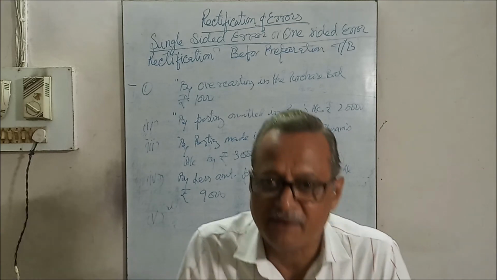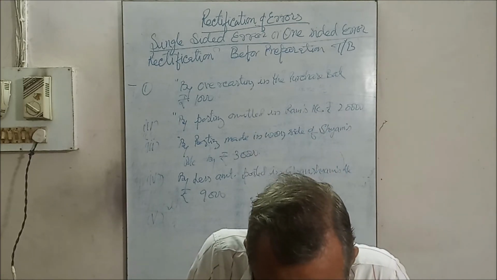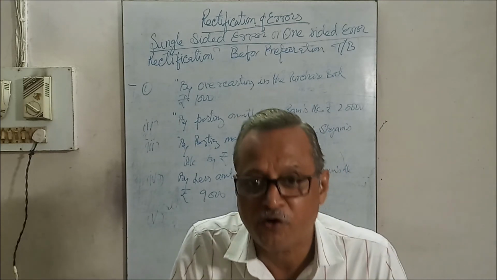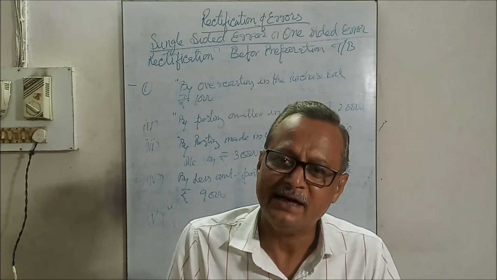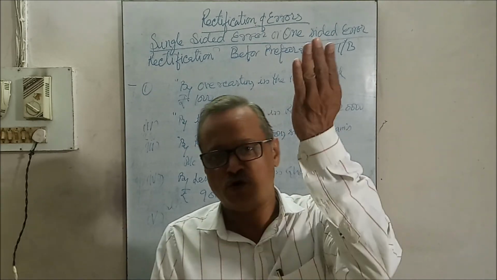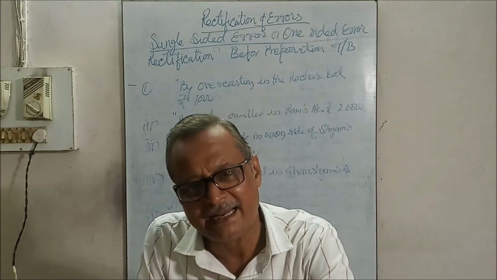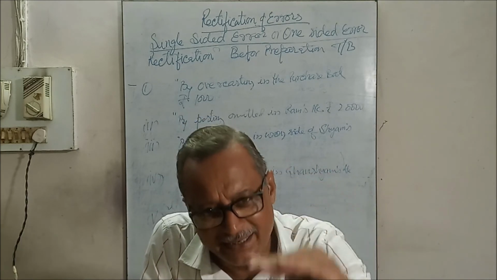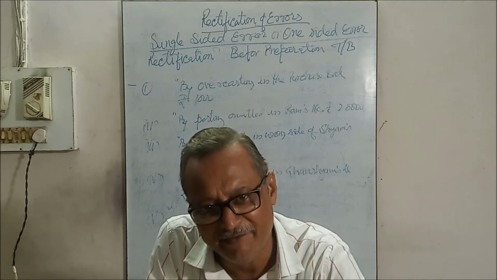Now last is purchase from Sitaram. 5,000 had been posted to his account as 50,000. It is also an arithmetical error, but excess amount posted. So the credit item is excessively posted, that should be reduced by debiting it.